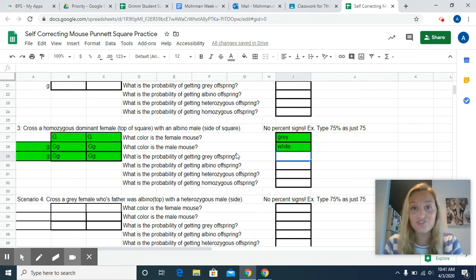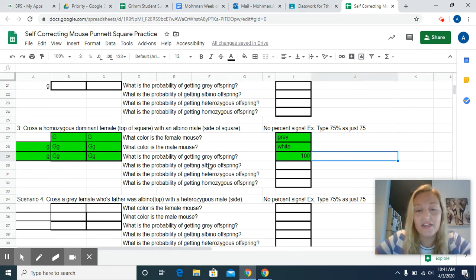That gray trait is stronger. It's going to cover it up. Whenever you even have one big letter, that's going to cover up that small letter. So from the outside, you won't even know it's there. So our probability of getting gray offspring is going to be 100% because all of our offspring have a 100% chance of being heterozygous, which is going to result in gray fur color. So you have 100 right here.